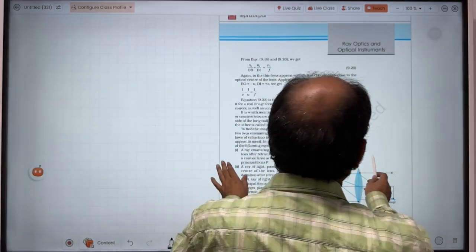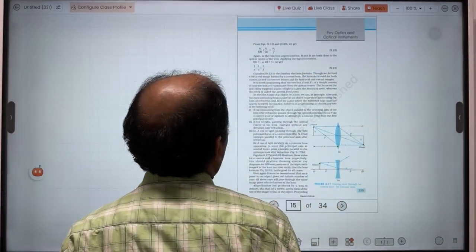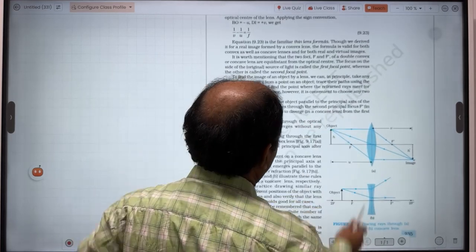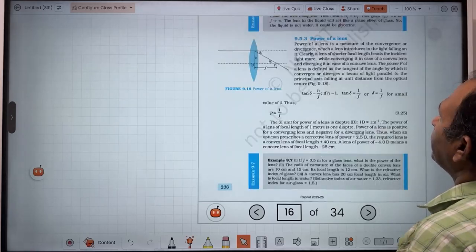Now here the rules for image formation are shown, which you have already studied at a lower level, how images are formed. So I'm not going to explain these things in detail.